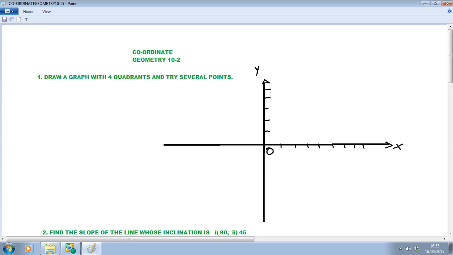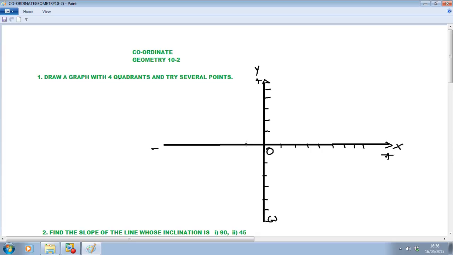So this side is positive, this is positive. This side is minus, this is minus. So on the negative side also we have to mark minus 1, minus 2, minus 3, minus 4, minus 5, minus 6, and so on.